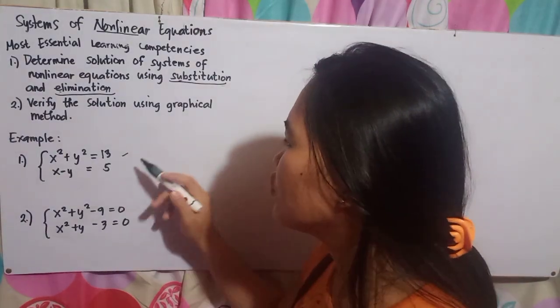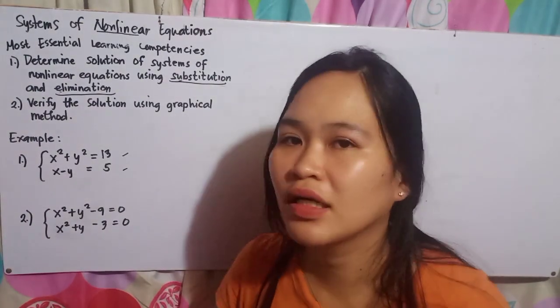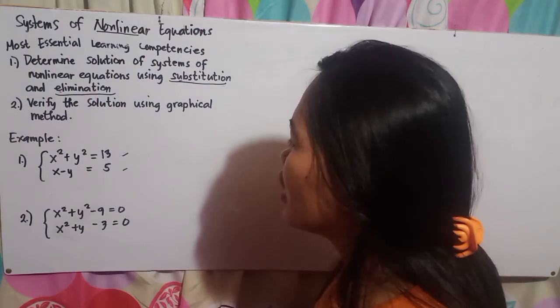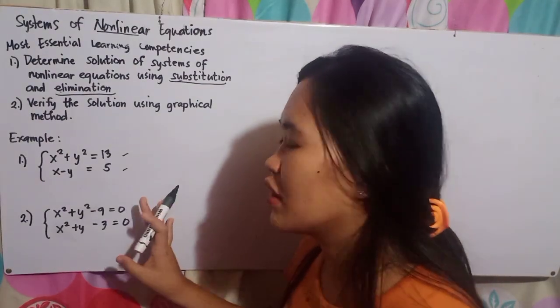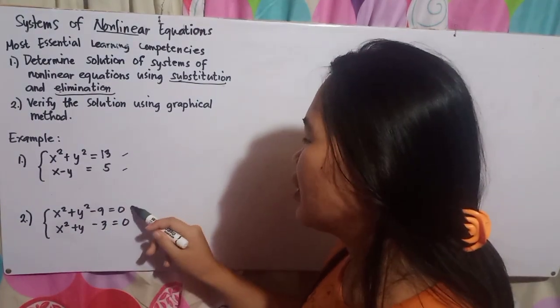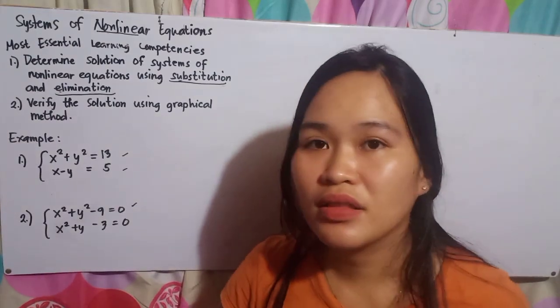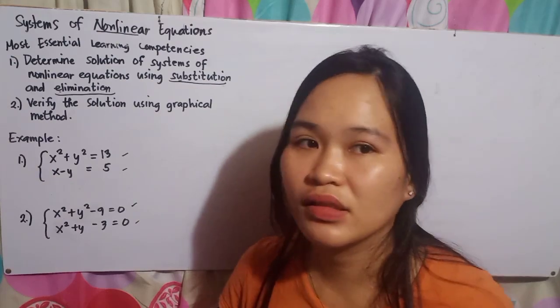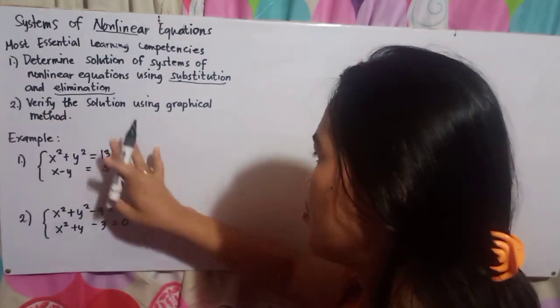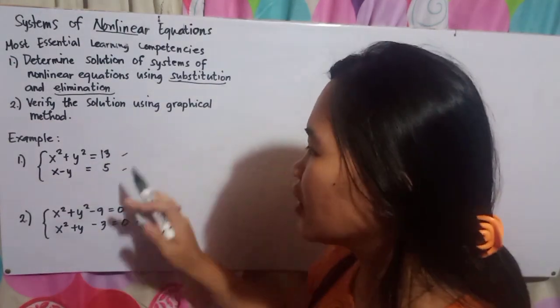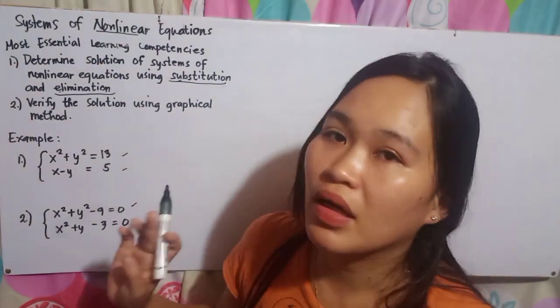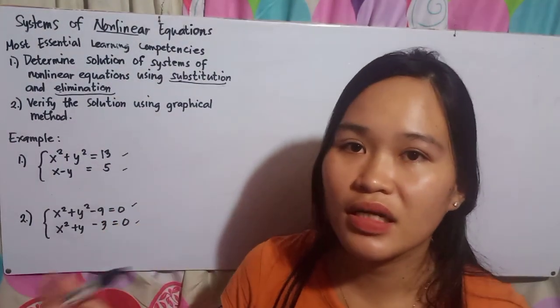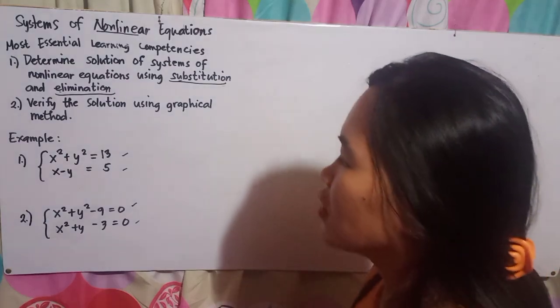In equation 2, the given equation is a linear. In example 2, the first equation is a circle. The second is a parabola. You know how to identify a circle and a parabola, since the conic sections were already discussed.